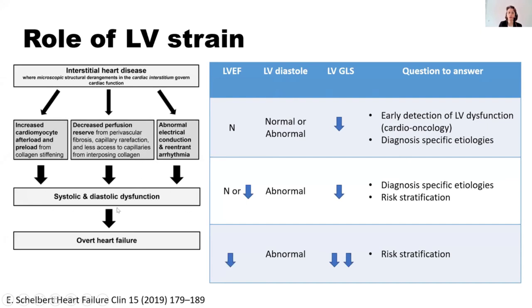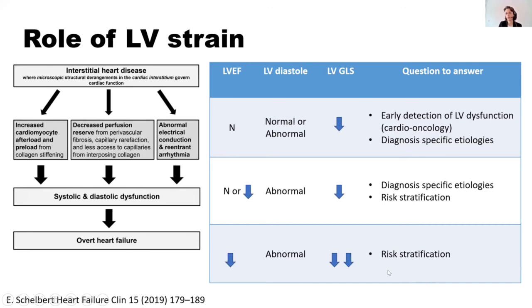When there is already a progression of this remodeling and there is overt systolic and diastolic dysfunction, ejection fraction can still be normal, but most of the time can be reduced. Diastole certainly is going to be abnormal, and global longitudinal strain is going to be abnormal. And when there is overt heart failure, all of them are abnormal.